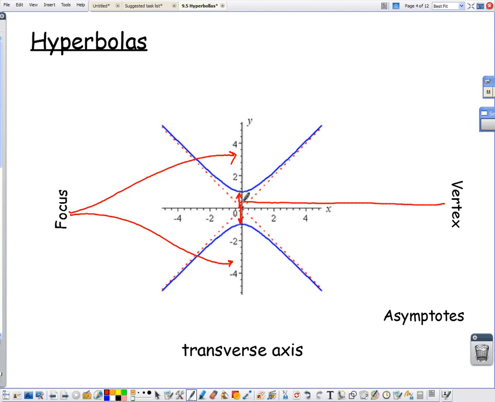The transverse axis is basically the line, like the axis of symmetry, that actually splits it into two. And then asymptotes. Remember when we talked about asymptotes? It's all those dotted lines, and it's basically the line that the graph approaches, but doesn't necessarily cross.